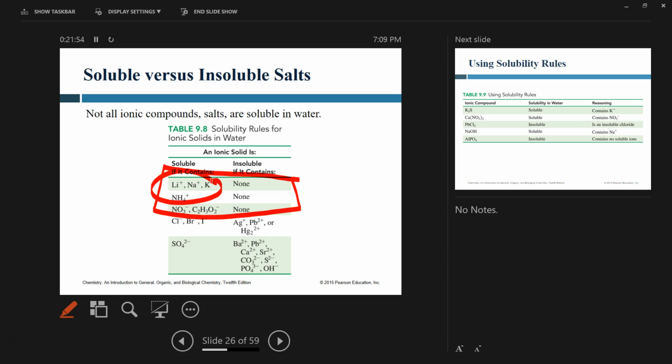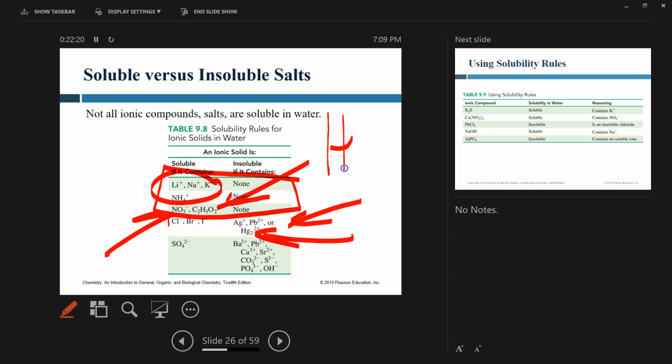Ammonium, soluble. Nitrates and acetates, soluble. For chloride, bromide, and iodide, all are soluble except for silver, lead, and mercury 1. The formula of that particular ion is like this. So this ion is formed by 2 atoms of mercury.